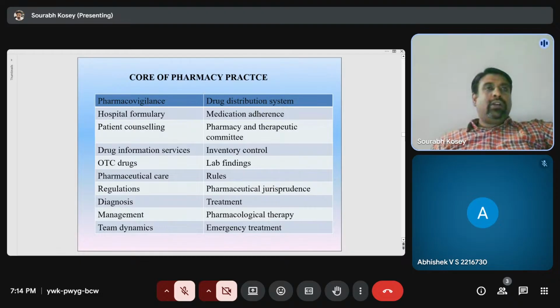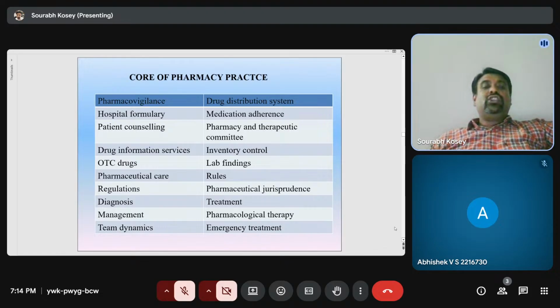Then disease state management of chronic, acute, and subacute conditions, and working in a team with paramedical and medical staff like pharmacists, physicians, clinicians, nursing staff, dietitians, and ambulatory staff. So there are a number of people to take care of.